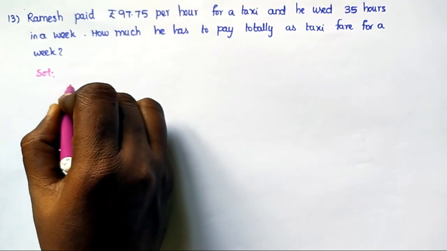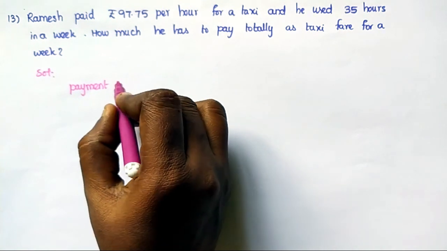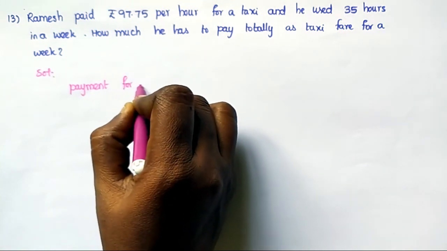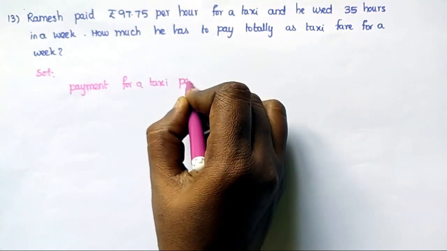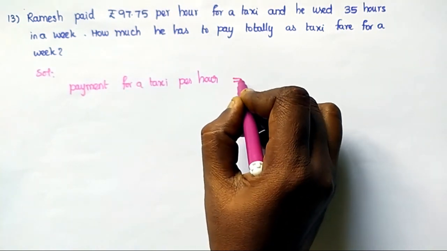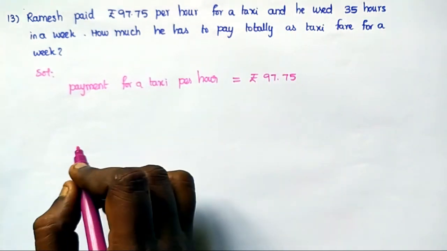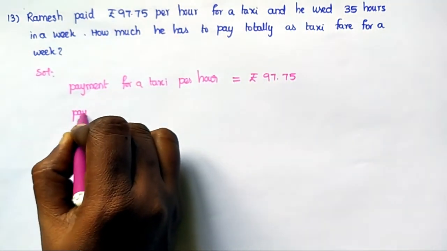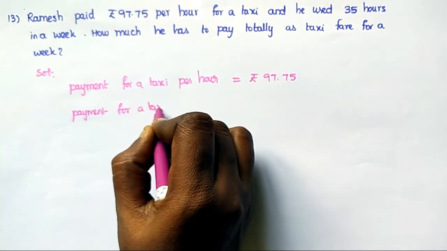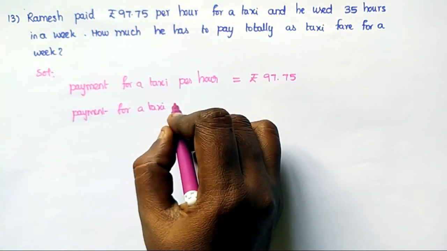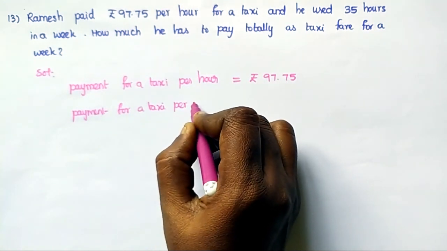So, payment for a taxi per hour equal to rupees 97.75. So payment for a taxi per week, per 35 hours.